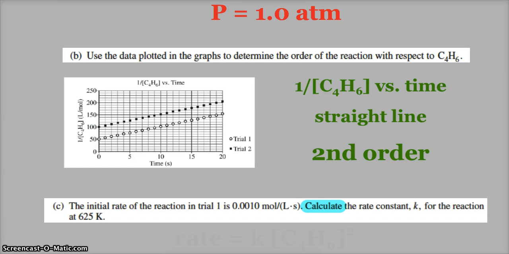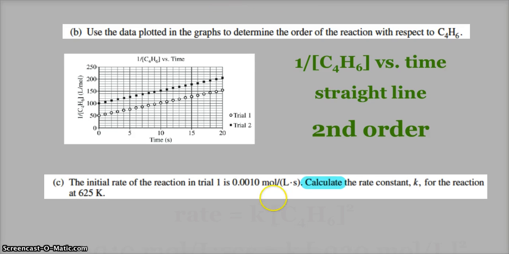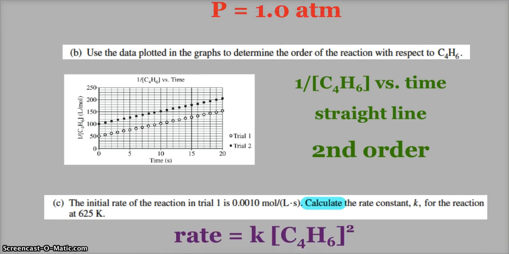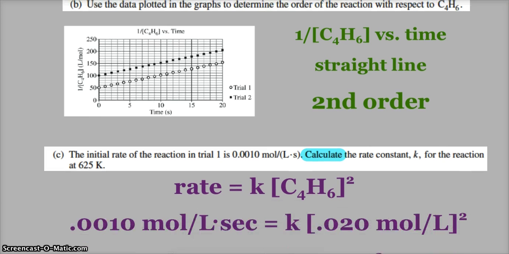It could, if there was a different question, but it doesn't say it here. But I need, my rate law is K times the concentration of C4H6 squared. Alright, and so now I plug in my rate. As it says, the initial rate is 0.001, so that's over here for my rate.